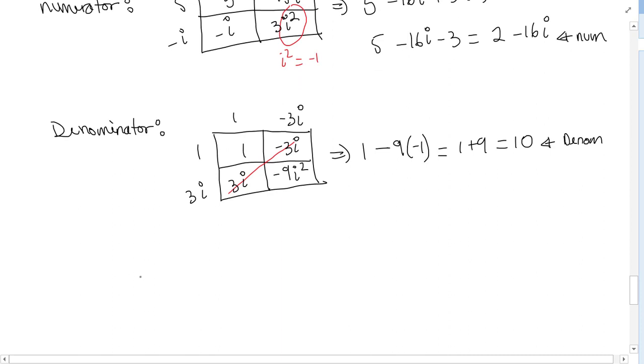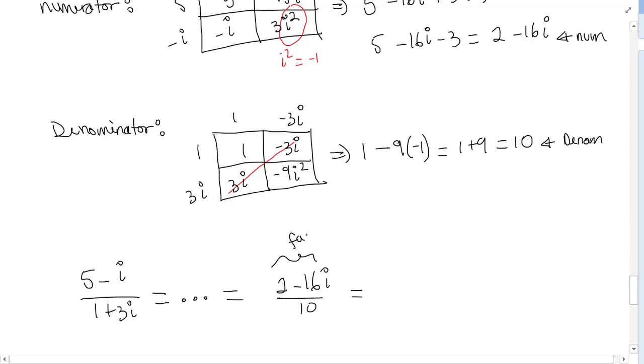So I'm going to have (5 - i) over (1 + 3i). This is my original problem. After the work that we did, we end up with the numerator 2 minus 16i over 10. And notice that everything here is even, so I can factor out 2 from the numerator.